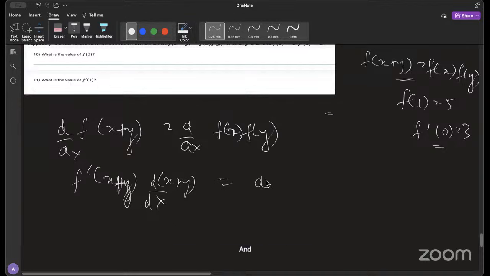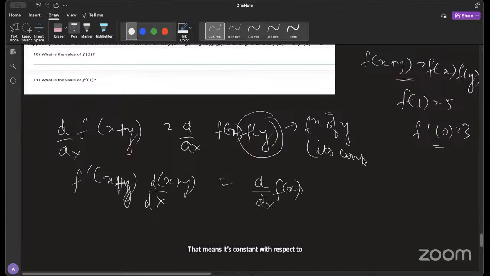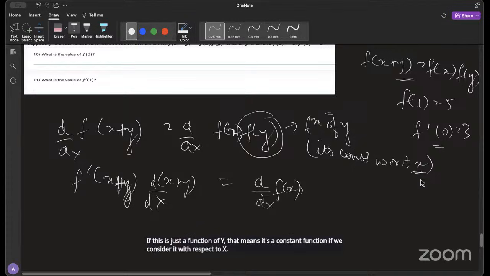And here you'll have the derivative of f(x) and f(y). Because this is entirely a function of y, that means it's constant with respect to x.